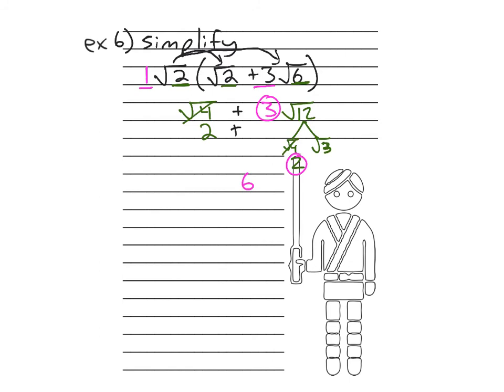So 3 root 12 will turn into 6 root 3. And don't forget, we still have that 2 that came out over there. So 2 plus 6 root 3. Don't combine these two. They're not like terms. The 2 does not have a radical. So that's our final answer on this example.